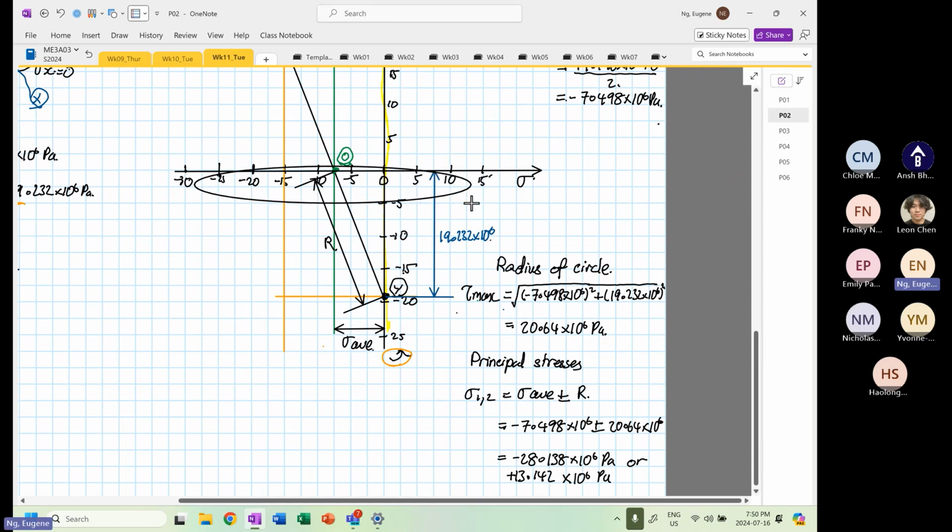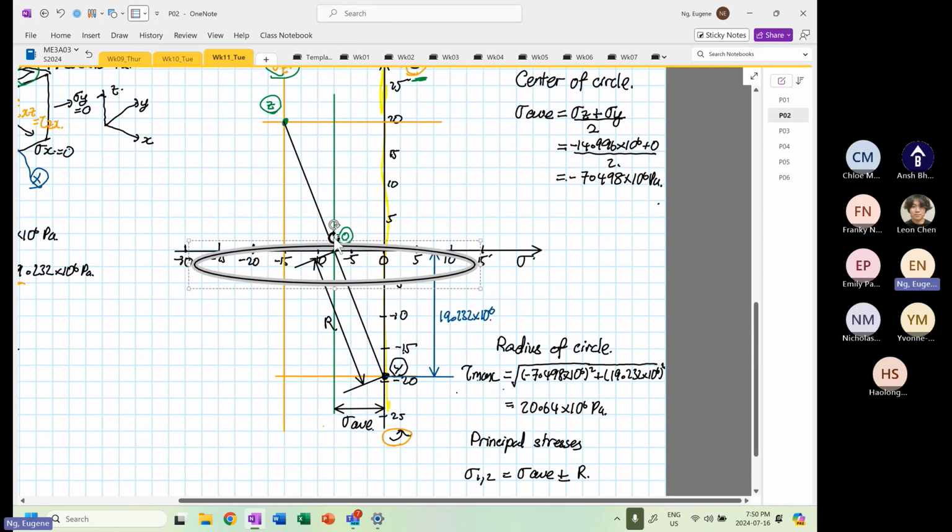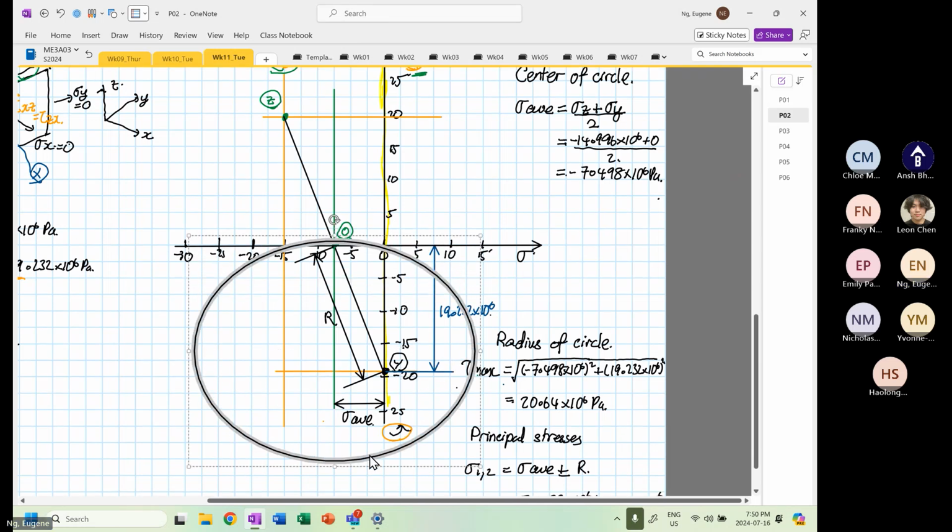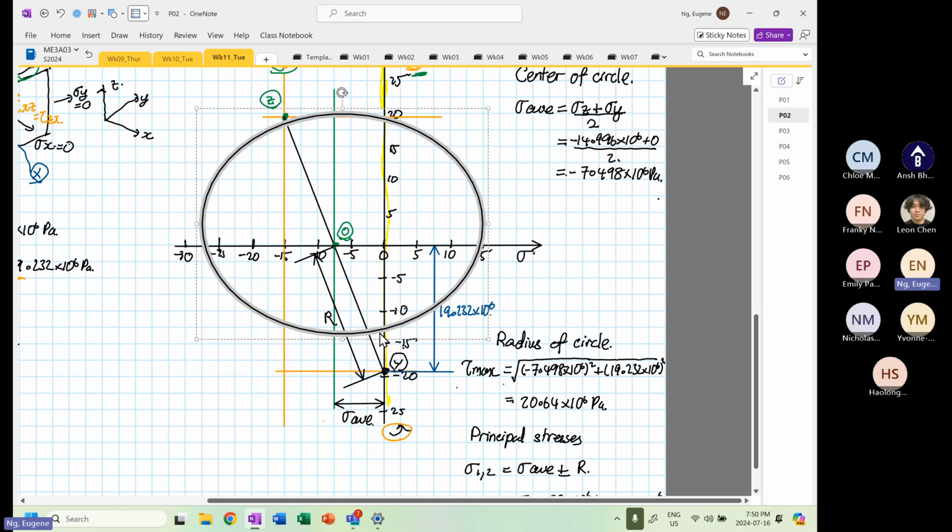Okay, so 12.513. I'm just eyeballing this, okay? And then I will just bring this down. I'll just need to bring this up. The maximum is what? 20.64. So 20.64 is going up a bit.